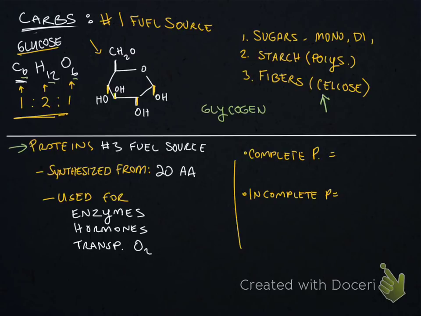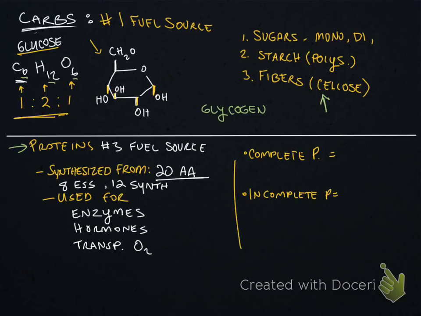Okay. Of these 20 amino acids, 8 are essential, meaning we have to consume them in our diet. That means 12 of them are synthesized in our body somehow. So 8 of them are essential, meaning we have to take them in our diet, but 12 of them are synthesized in our body.